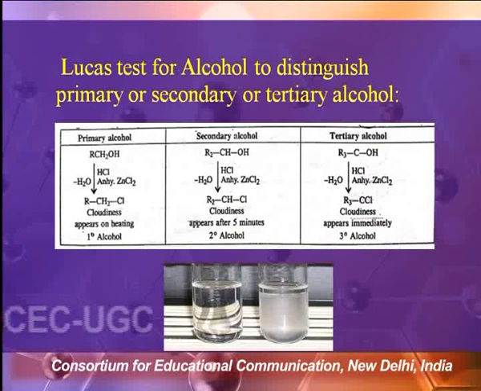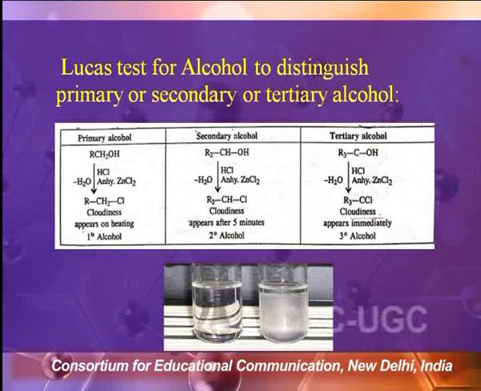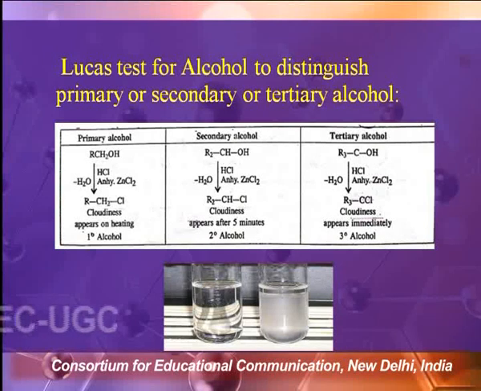First, the primary alcohol gives RCH2Cl. In the second you can see R2CHCl, and turbidity appears on heating and after 5 minutes. So you can distinguish how the reaction proceeds with primary, secondary and tertiary alcohols.